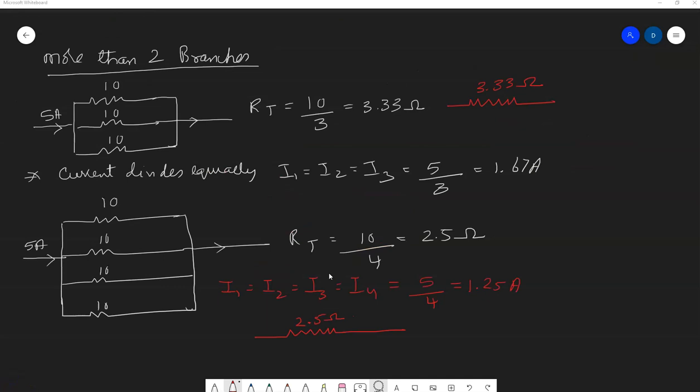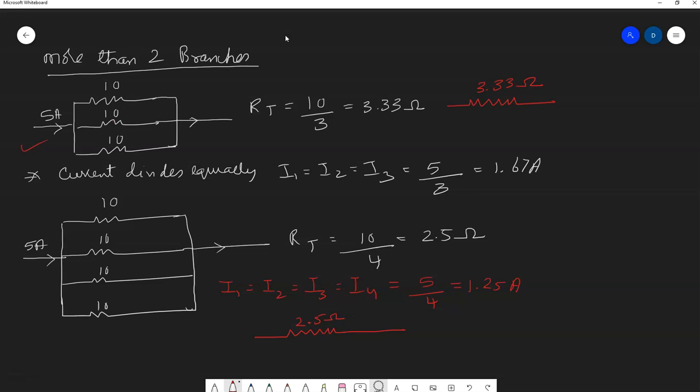You can apply the division logic when you have more than 2 branches. Take this as an example. I've got an input current of 5 amps, and the branch resistors are all 10 ohms. You can get the equivalent resistor by dividing 10, taking any one resistor value since here they're all the same, by the number of branches, 3.